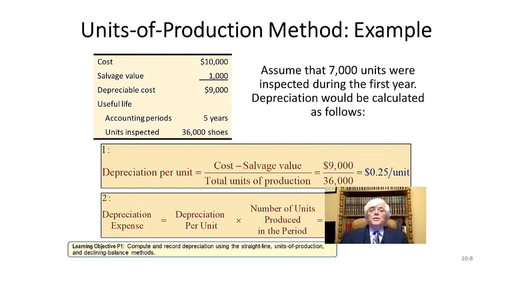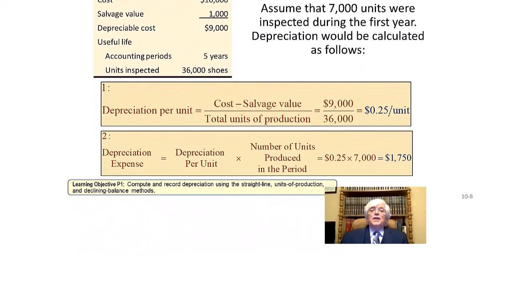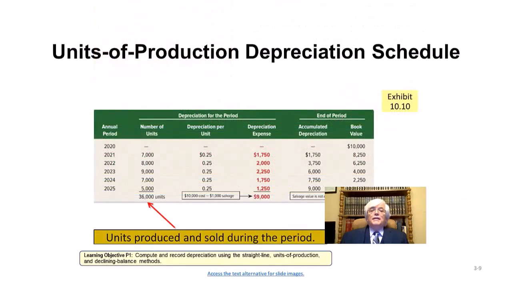The depreciation per unit remains fixed for the life of the equipment. To compute annual depreciation for a given year, simply multiply the depreciation per unit by the number of units produced that year. You can see that in Exhibit 10.10.